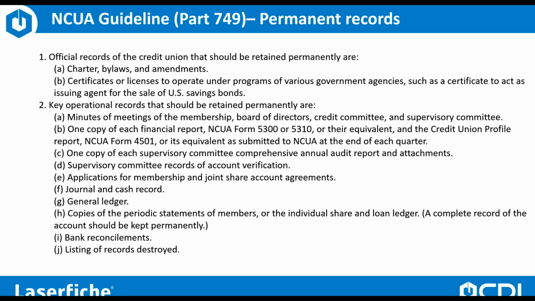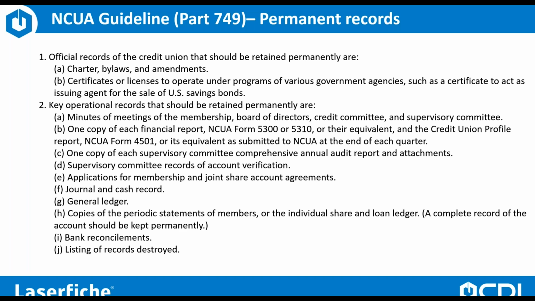Your credit union profile report, your NCUA form 4501, or its equivalent, submitted to the NCUA at the end of each quarter. Copies of the supervisory committee annual reports, applications for membership, journal and cash records, general ledger records, copies of statements of members and individual share and loan ledgers, bank reconciliations, and of course, one of the most important records is the listing of records that are being destroyed.